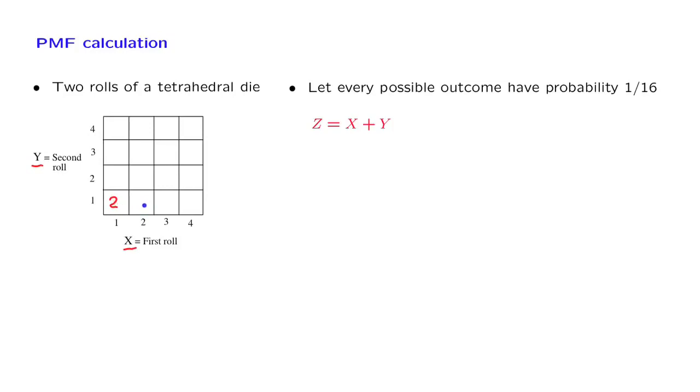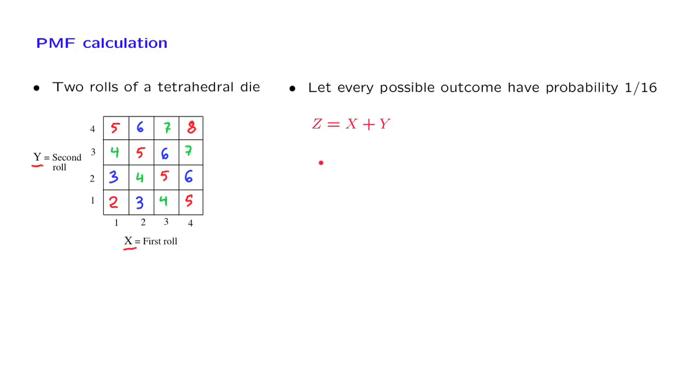If X is 2 and Y is 1, our random variable will take a value of 3, and similarly if we have this outcome, in those outcomes here the random variable takes the value of 4, and we can continue this way by marking for each particular outcome the corresponding value of the random variable of interest.